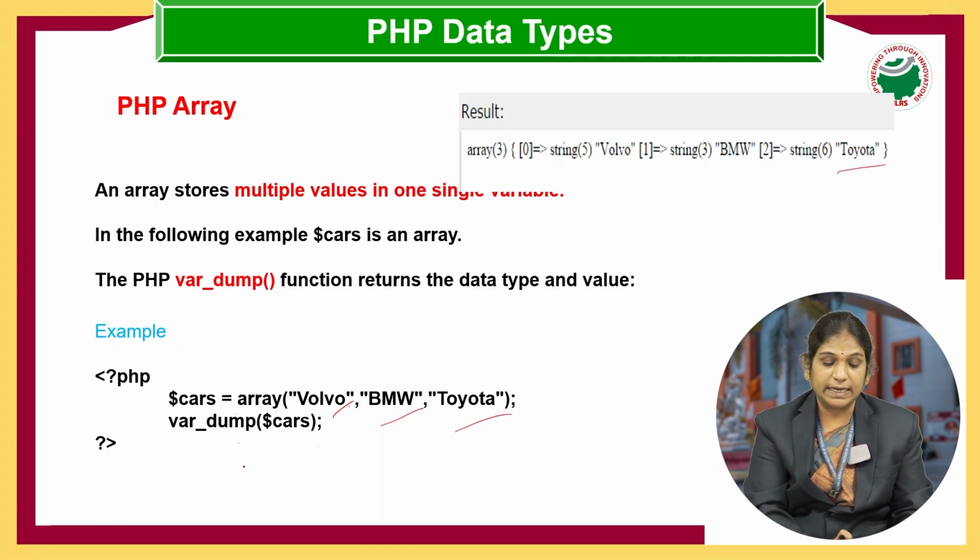We all know that the index of an array starts with 0. So first, index 0 is Volvo, 1 is BMW, and 2 is Toyota. So it is going to display the output with the index numbers as well as the values of the array.